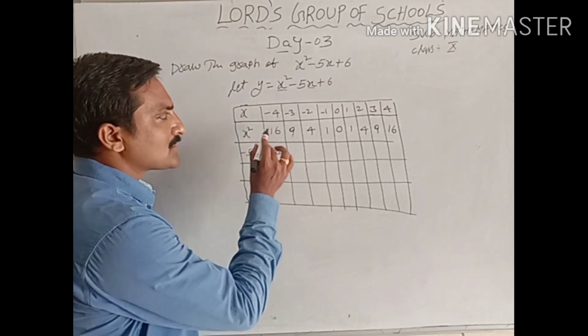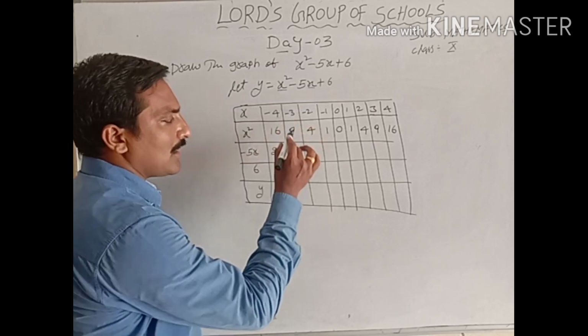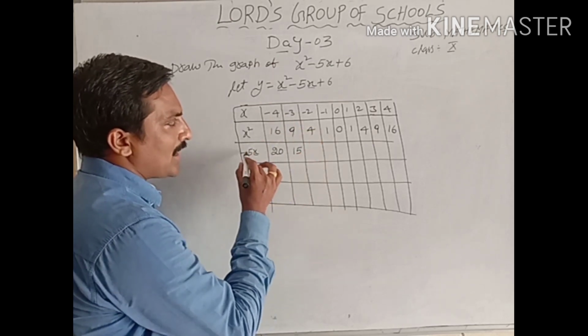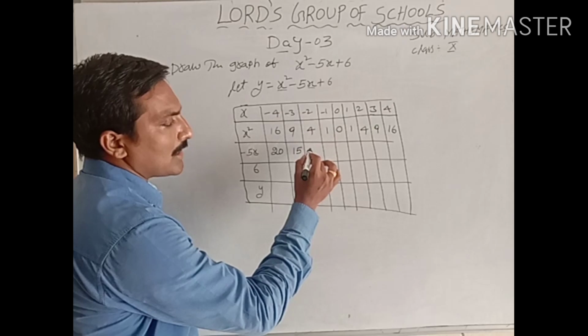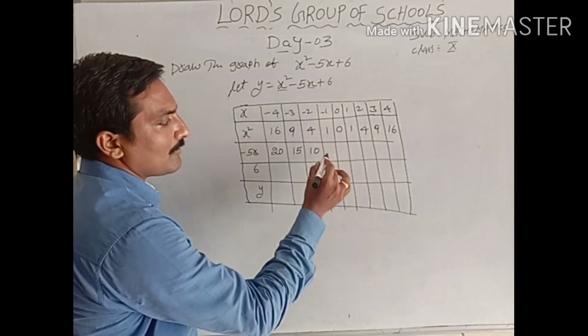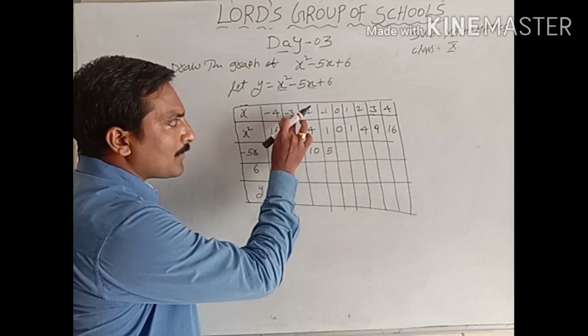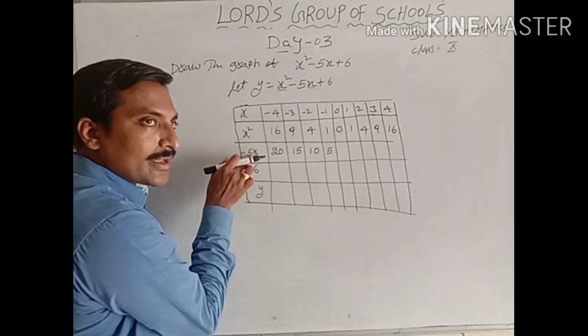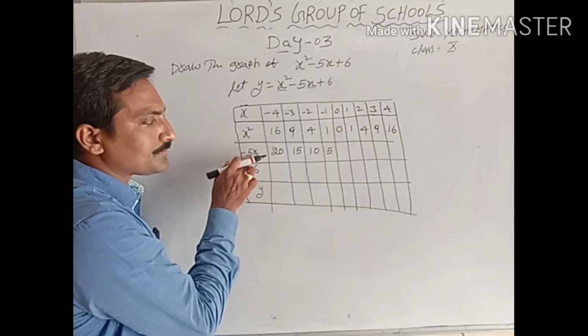Next, 5 threes are 15. Then 5 twos are 10. Then 5 ones are 5. Instead of x, you take that number and multiply.